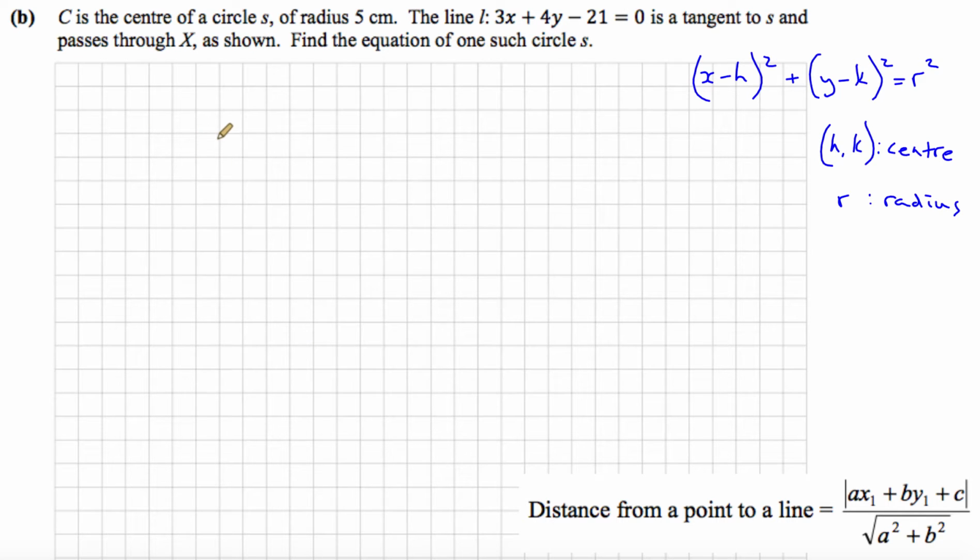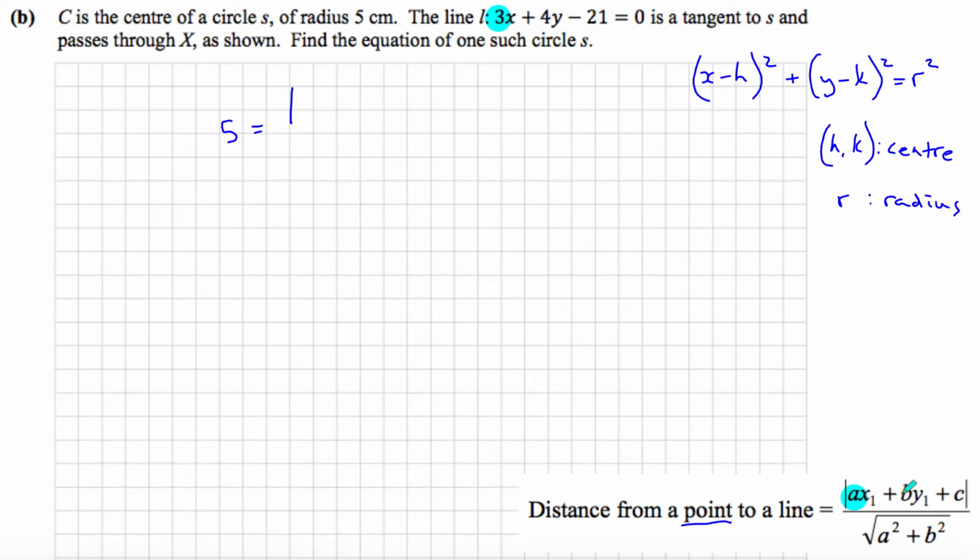So we can say that the distance, which is 5, will be equal to the modulus of ax1... Now x1, y1 will be the point. So it's the distance from a point to a line. So the point will be x1, y1. So we know that the point is (-g, -f). And also we know our a value here is the number in front of x.